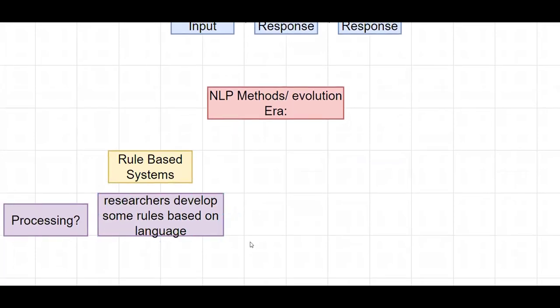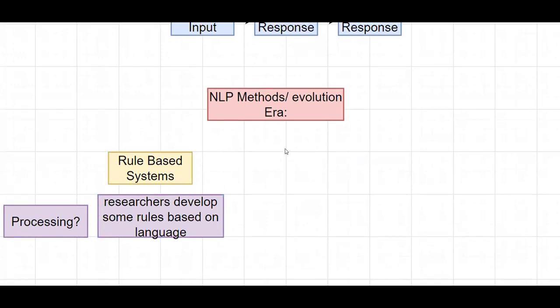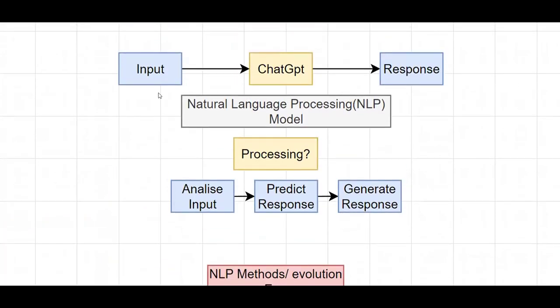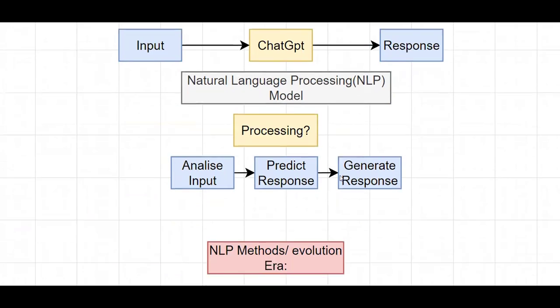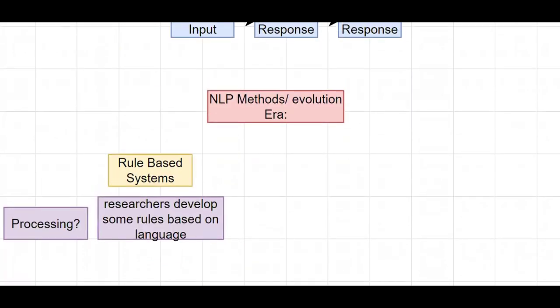For each and every language, they developed some rules, and based on the rules and the input provided by the user, we get the response. That's how the processing or working happens in rule-based systems.